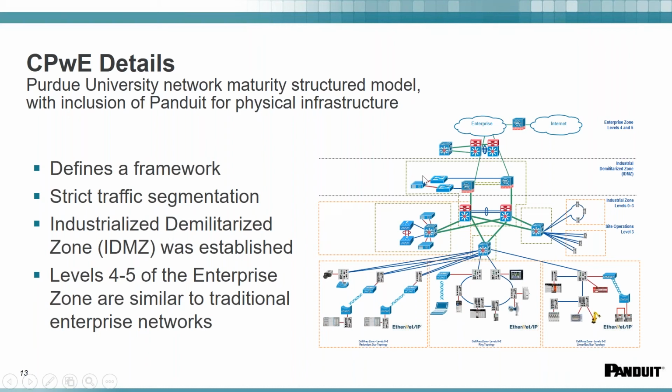This architecture also takes into account something we call the DMZ, which is the demilitarized zone. Between enterprise systems and factory systems, the designers always found a good reason to segregate and separate these networks.